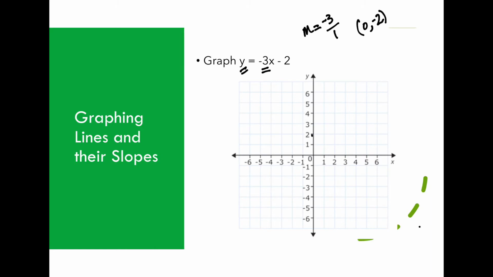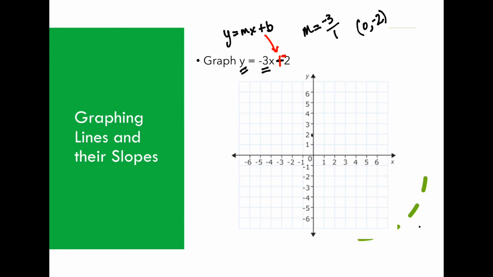Now, why is it -2? We have a subtraction of 2, and if you remember back to the general form, it's y equals mx plus b. That's the general form, and b, when it's in this form, is the y-intercept. Well, with a subtraction here, remember, we can express every subtraction as an addition, so it looks like the original here, and that helps us to discern what b is.